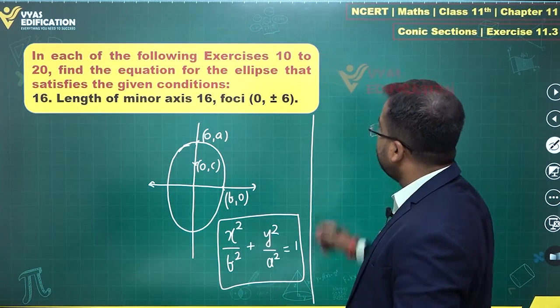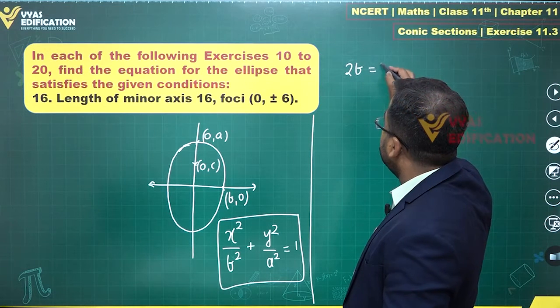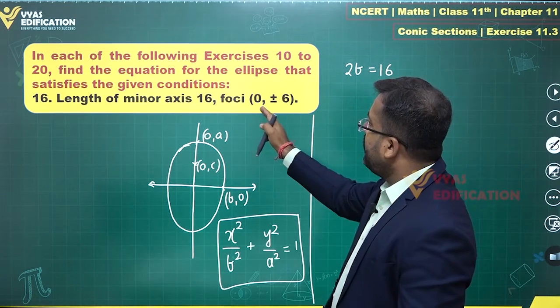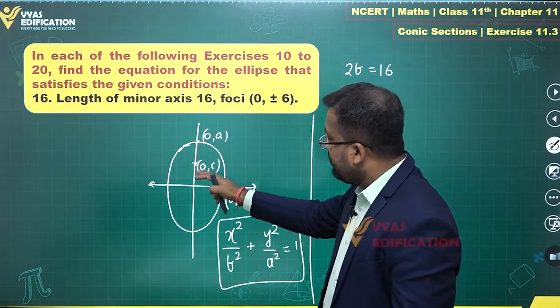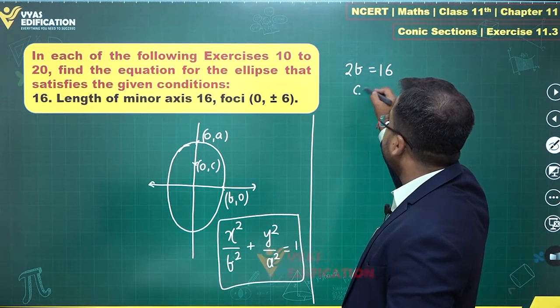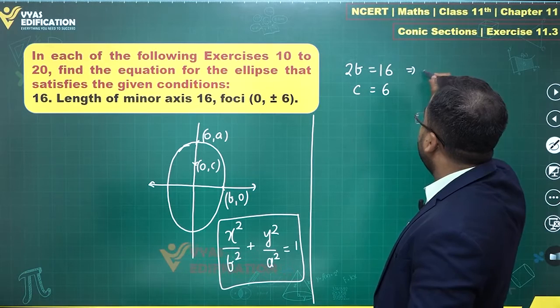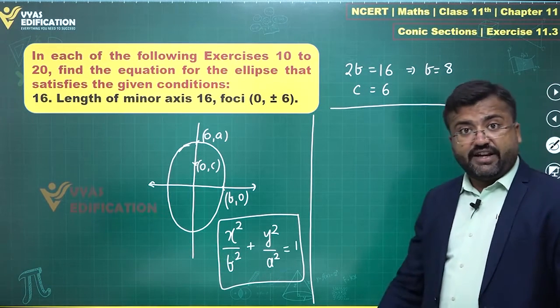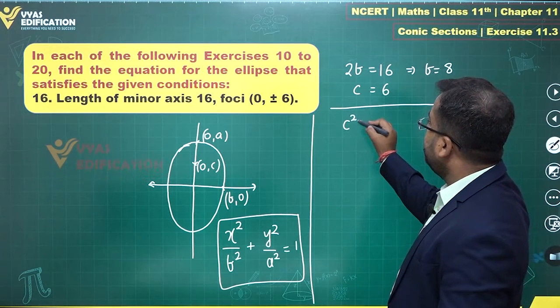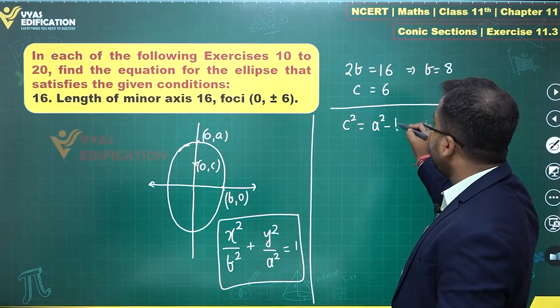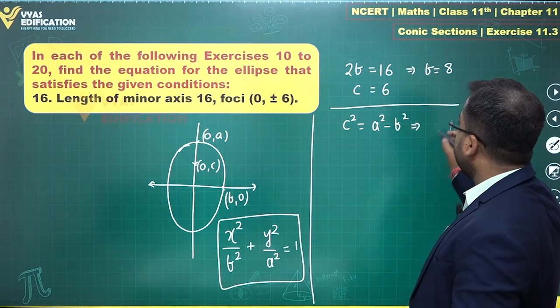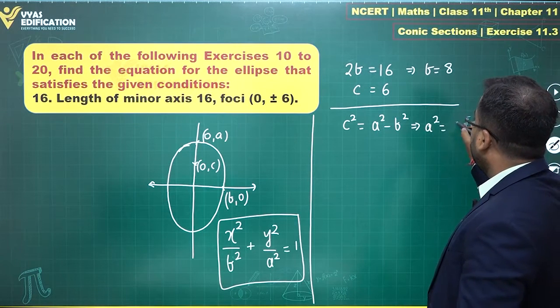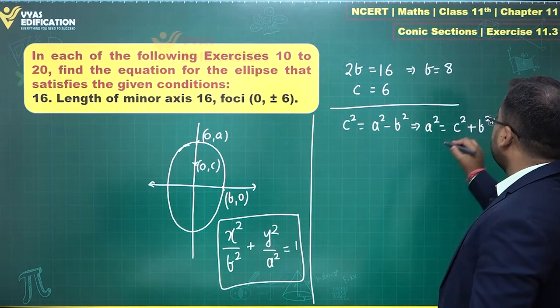The length of minor axis is 2b. So it is given that 2b is equal to 16. Foci being 0 comma plus minus 6, so 0 comma 6, 0 comma minus 6. That implies that c will be equal to 6. Here I get the value of b as 8. Can I find a as well? Yes. We have a relation c square is equal to a square minus b square, and that tells me that a square will be c square plus b square.